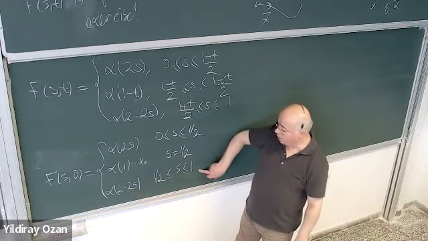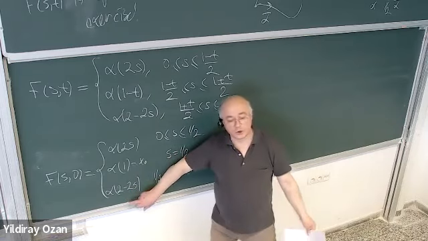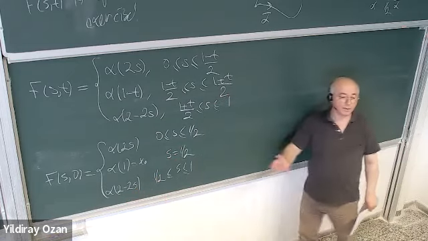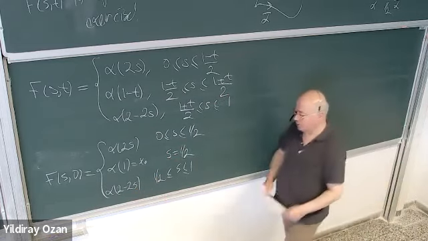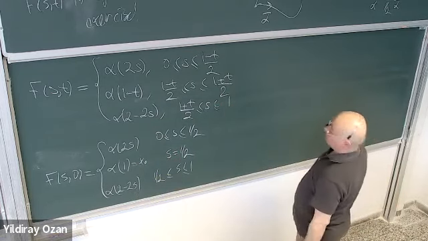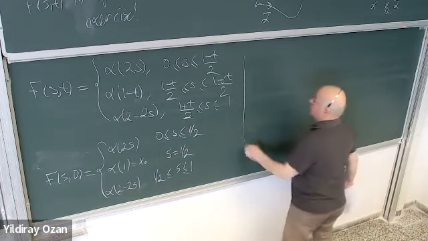When s is 1, it is alpha of 0. So you just go alpha backwards, okay? It is not alpha, but alpha bar. So this thing is actually alpha bar.